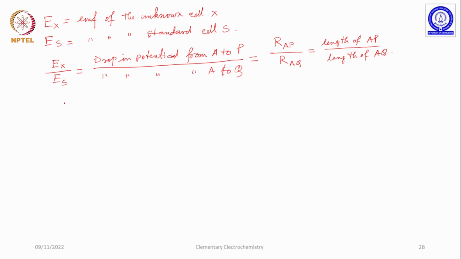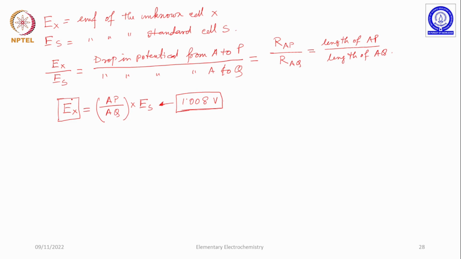So, one can easily write Ex is equal to the length AP divided by the length AQ, into Es, that is the EMF of the standard cell. So, if we know the EMF of the standard cell, suppose the value is 1.008 volt or something, this is used as a standard value for one particular cell, and one can use that particular cell to determine the EMF of any unknown cell that you may be forming.